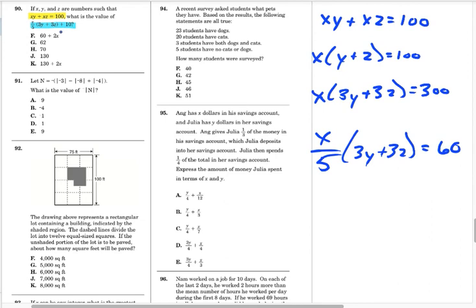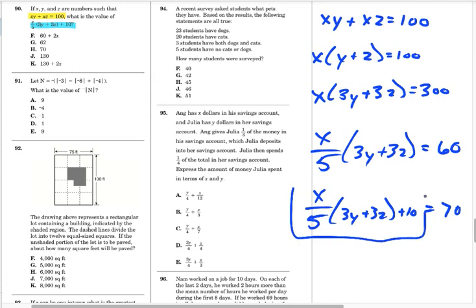Okay, now we're just missing this 10. So we're going to do x over 5 times 3y plus 3z plus 10 equals 60 plus 10, which is 70. So now this is exactly the same as this guy. So what does it equal? It equals 70. Lots of steps to find that answer.